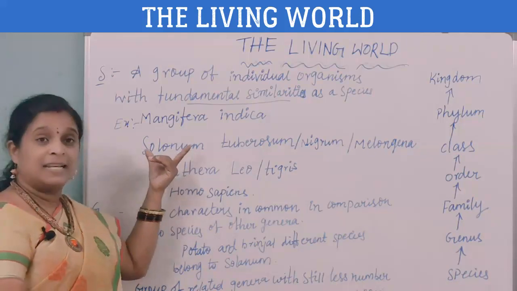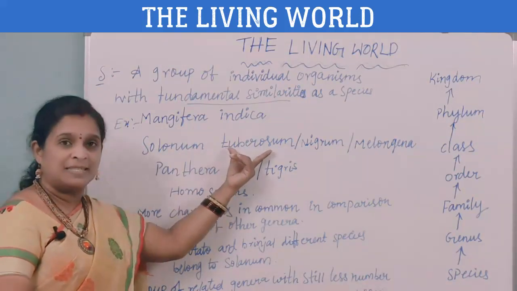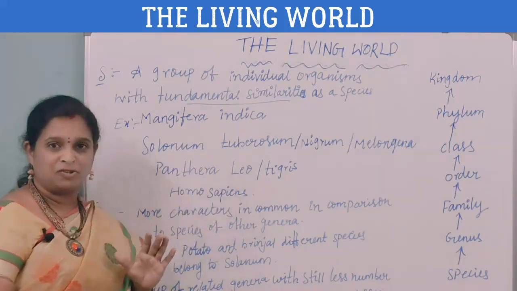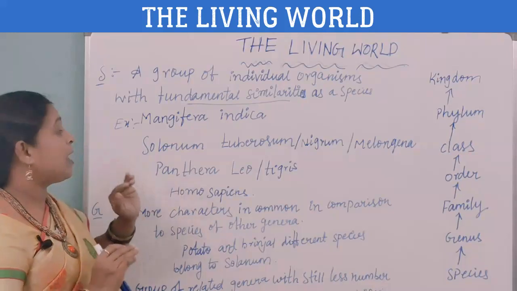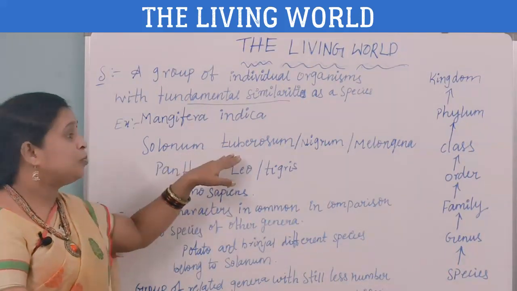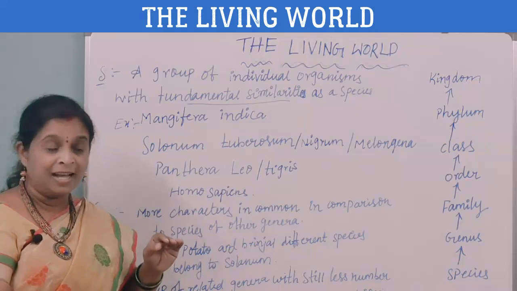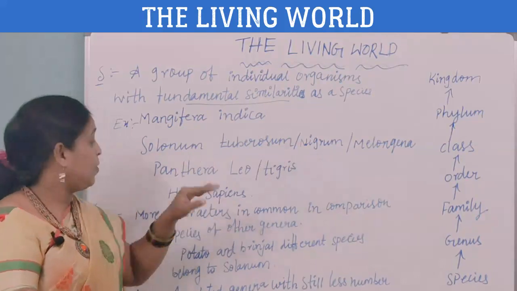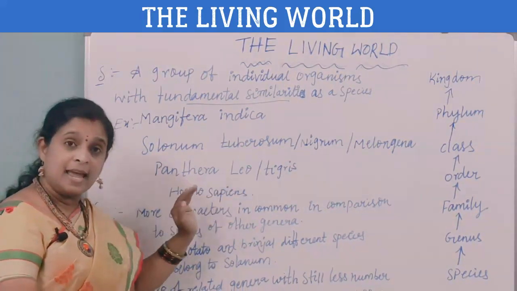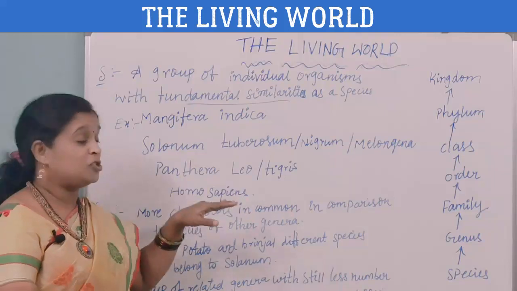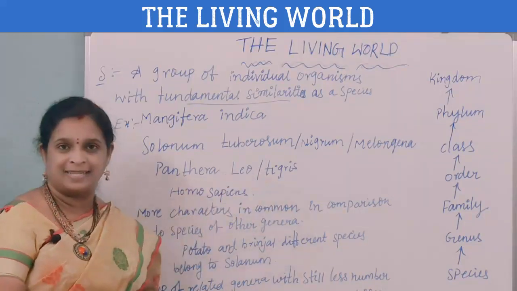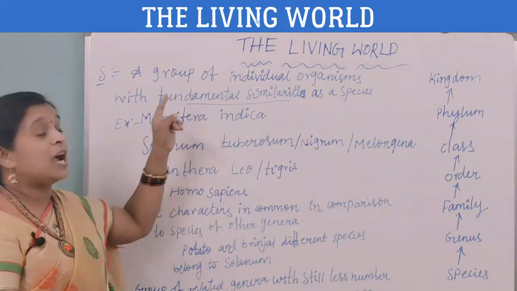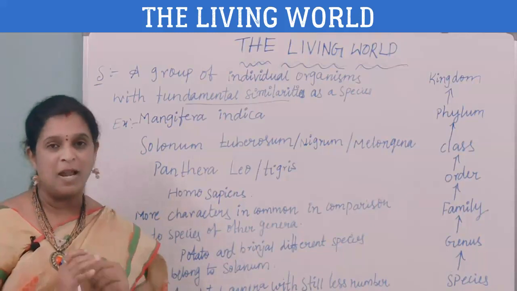Solanum is a generic name and tuberosum is a species name, and Panthera is a generic name and leo is a species name. Solanum tuberosum also has Solanum nigrum and Solanum melongena, and Panthera leo also has another species, Panthera tigris. So all these come under species, having fundamental similarities.